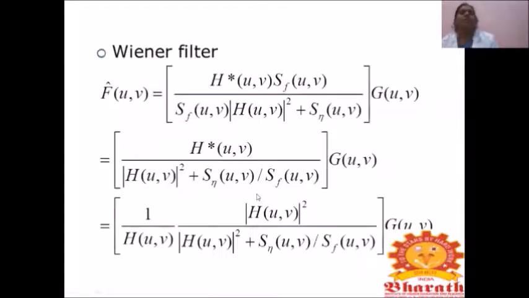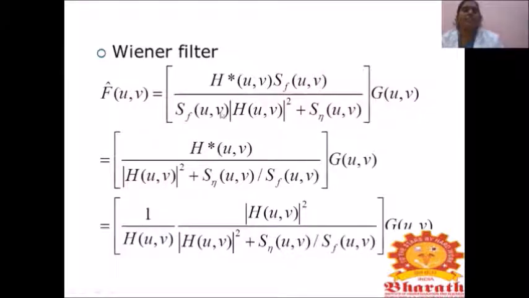Then this is the Wiener filter formula. F cap of u comma v is equal to H star of u comma v, S F of u comma v, divided by S F of u comma v mod square of H of u comma v plus S eta of u comma v, multiplied by G of u comma v. Here we take out S F of u comma v, so it gets cancelled.